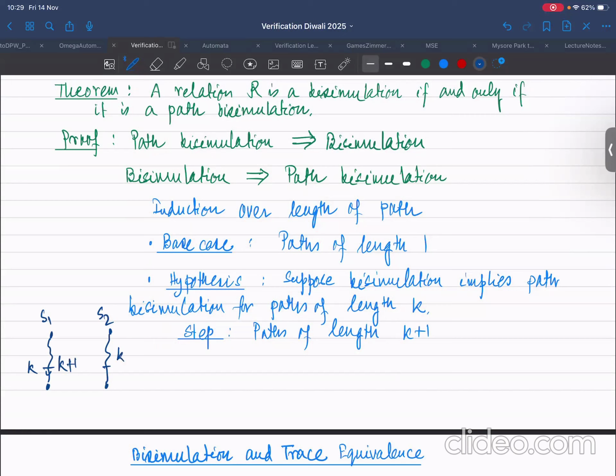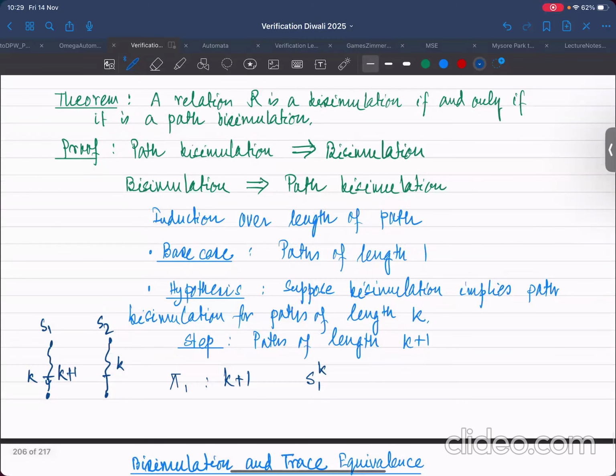Now you consider a path pi 1 of length k plus 1, and after k steps, from S1 you go to a state S1k. And then by the induction hypothesis, you should also have an S2k.